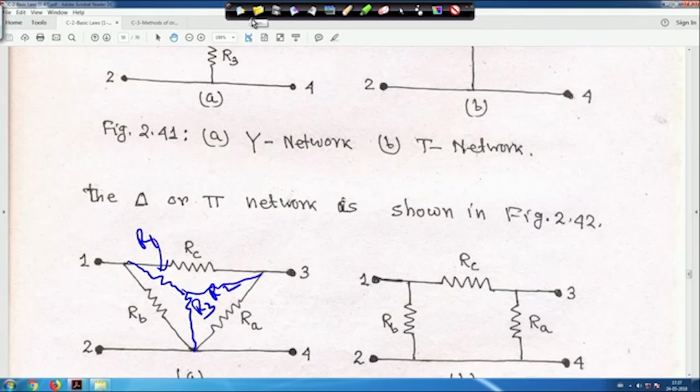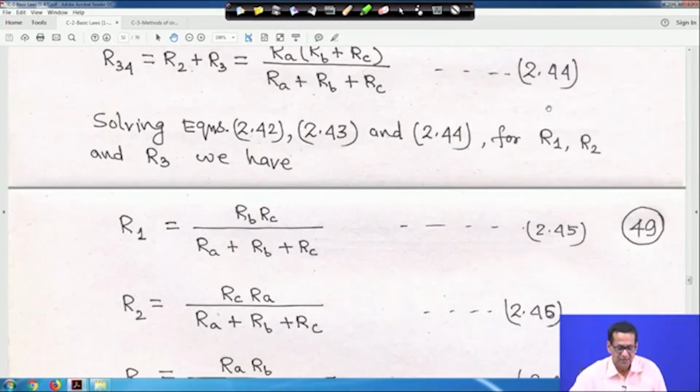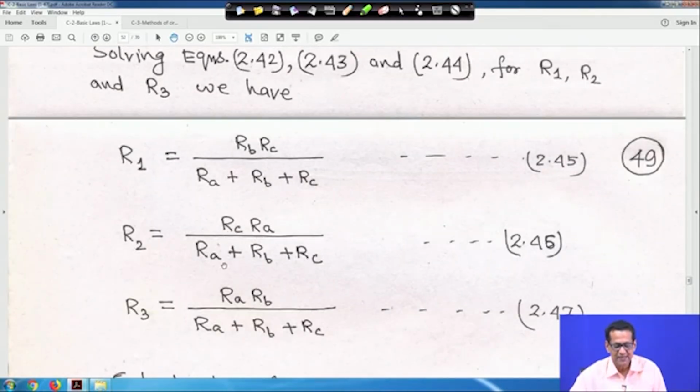If you go to the derivation, R1 is equal to RB RC over RA plus RB plus RC, R2 is equal to RC RA over RA plus RB plus RC, R3 is equal to RA RB over RA plus RB plus RC.